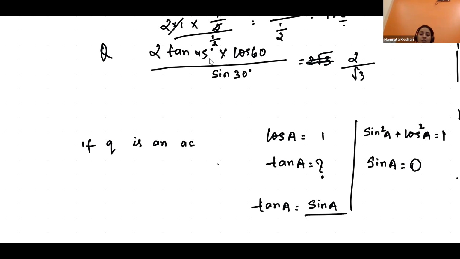The answer is 0. Please don't say it is not defined. Because 0 by 1 is defined, but 1 by 0 is not defined. If you are getting 0 by 2, it is fine, the answer will be 0.